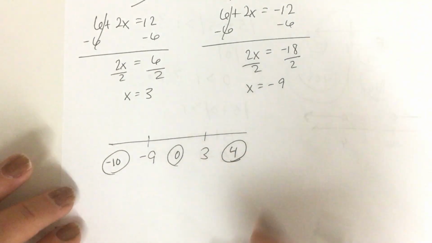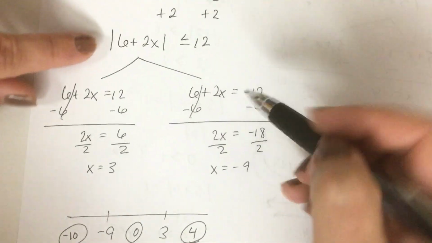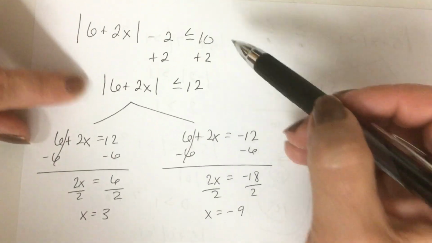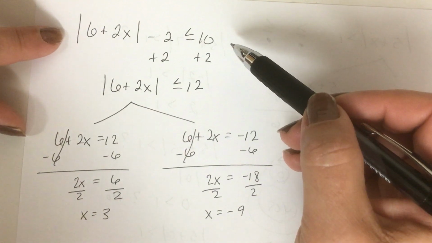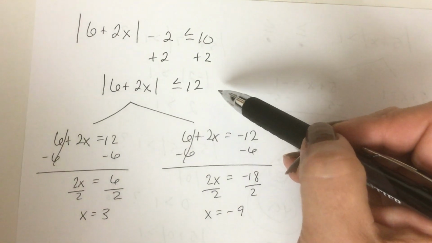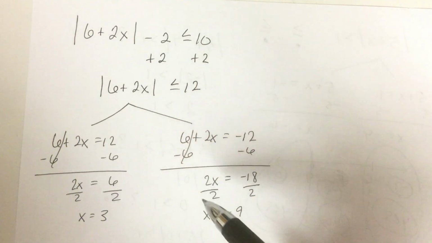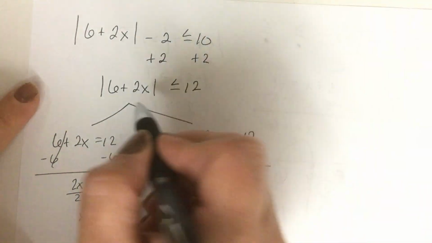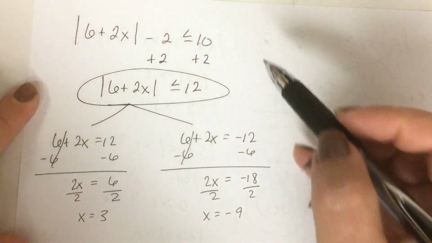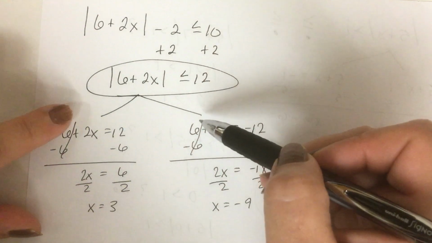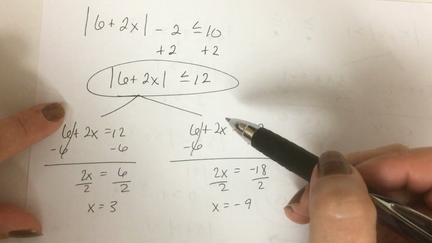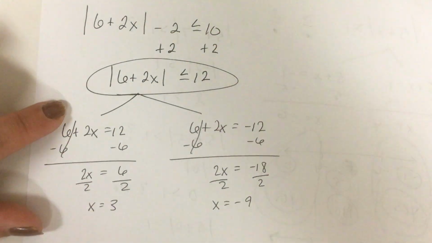Now I need to check to see if those numbers work. So let's go back to the original. I would use this one, but I don't want you guys to use these. So let's use the equation right before we break it into 2. That will be easy if we all do it the same way.